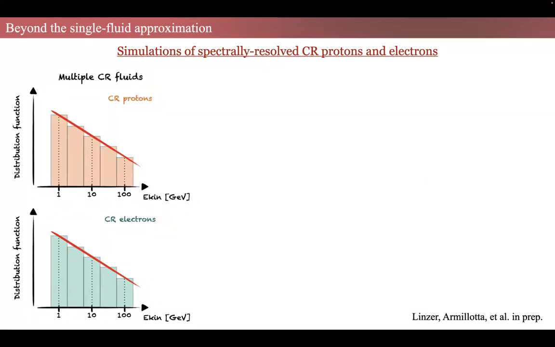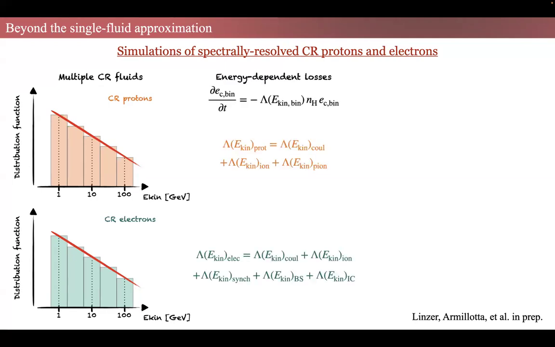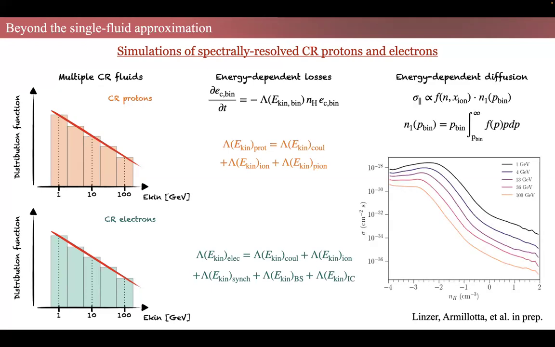In these post-processing simulations, we followed the transport of both cosmic ray protons and cosmic ray electrons, and we investigate the spectral range between 1 GeV and 100 GeV. Now, depending on the typical kinetic energy, different cosmic ray fluids undergo different energy losses and different scattering rates.